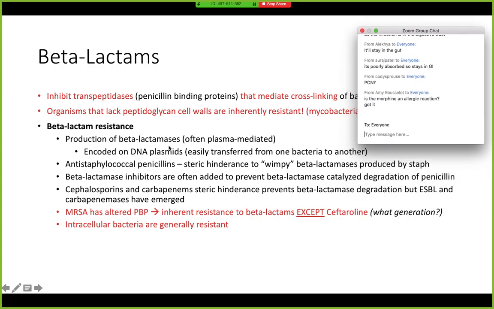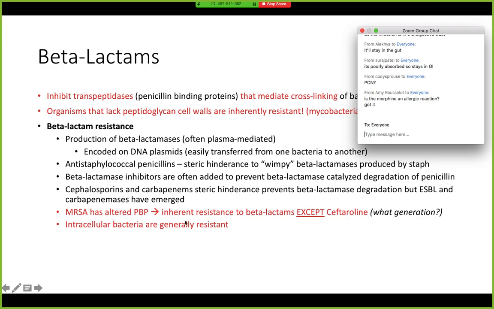You also want to know about beta-lactam resistance. Because of the beta-lactams, the bacteria produce what are known as beta-lactamases. The beta-lactamases are enzymes that are going to clip the beta-lactam ring and inactivate the drug. That's why we have to add beta-lactamase inhibitors.